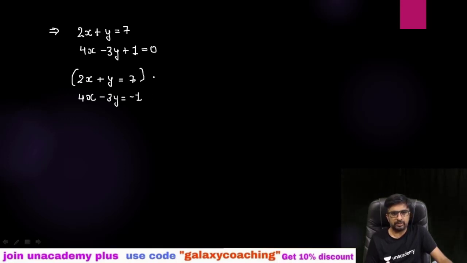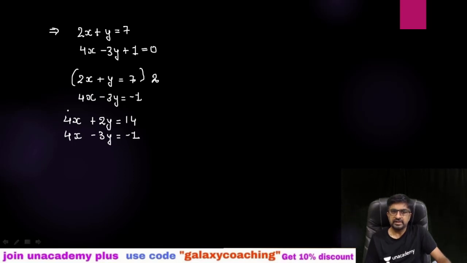Here, if I multiply this equation by 2, what will I get? 2 twos are 4x plus 2 into y will give you 2y, and 2 into 7 will give you 14. And here 4x minus 3y equals minus 1.